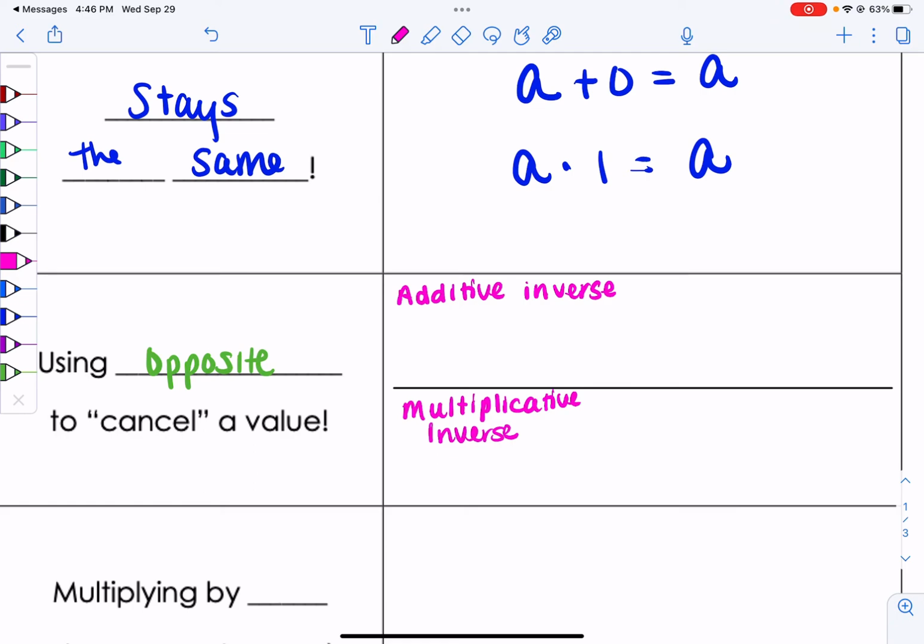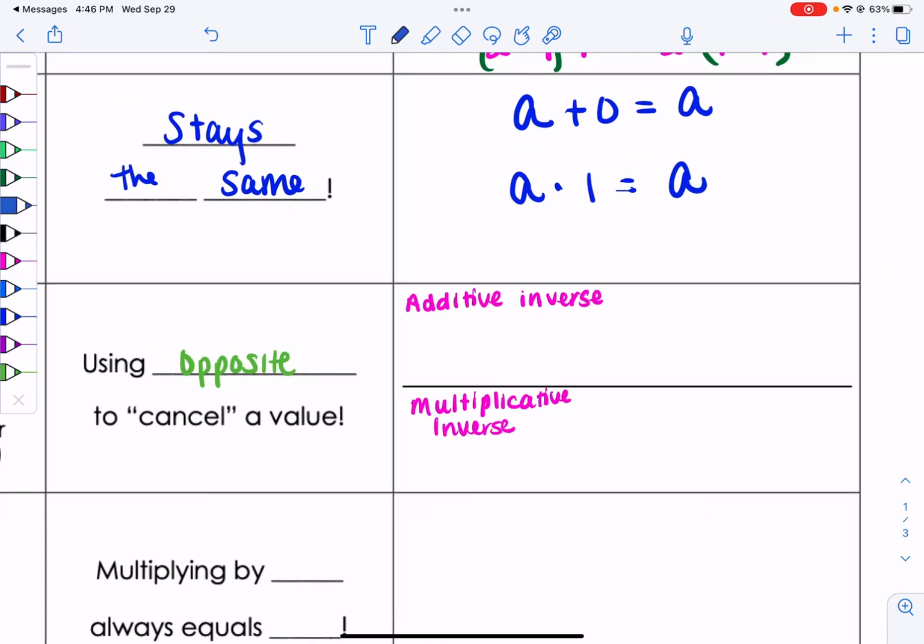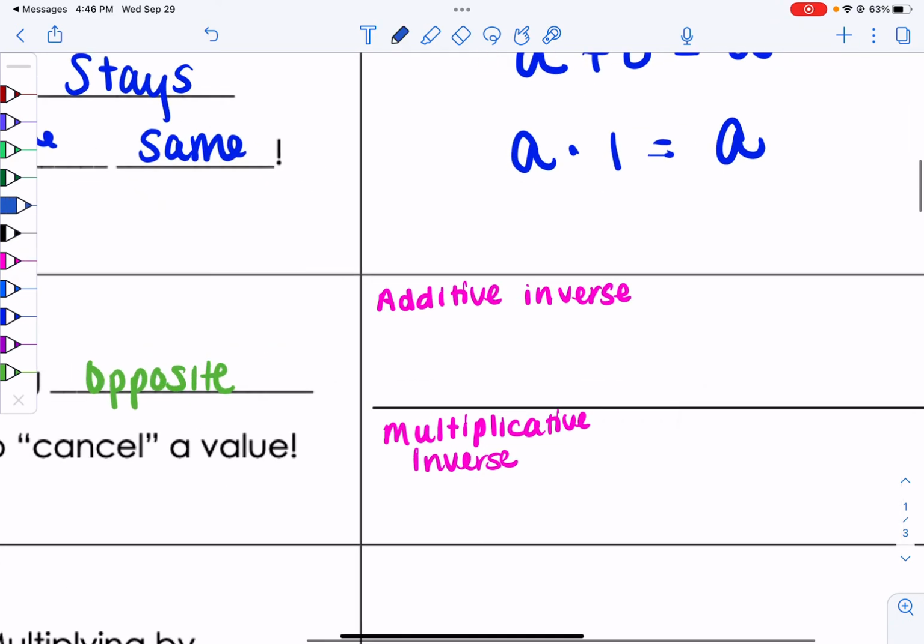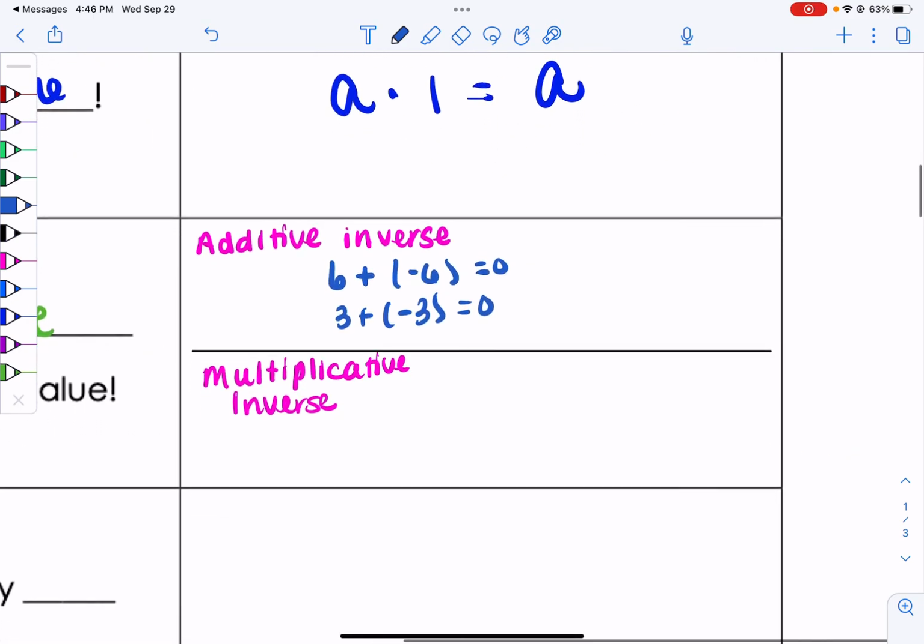Examples of the additive inverse: you're using the opposite to cancel out a value. If I give you the number 6, the opposite of 6 is -6, and that's equal to 0. I can also say 3 plus -3 is equal to 0, or with variables, x plus -x is equal to 0. So I'm always going to add up to 0.